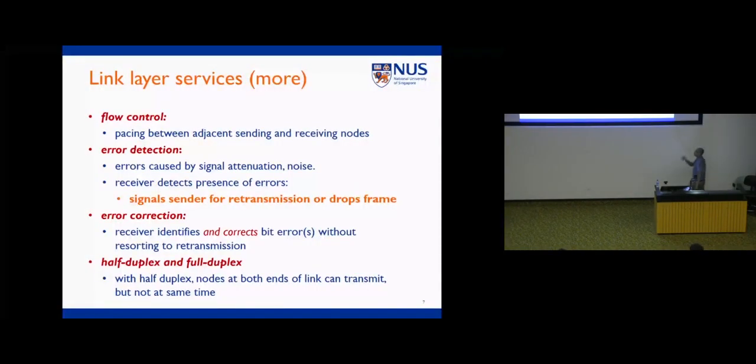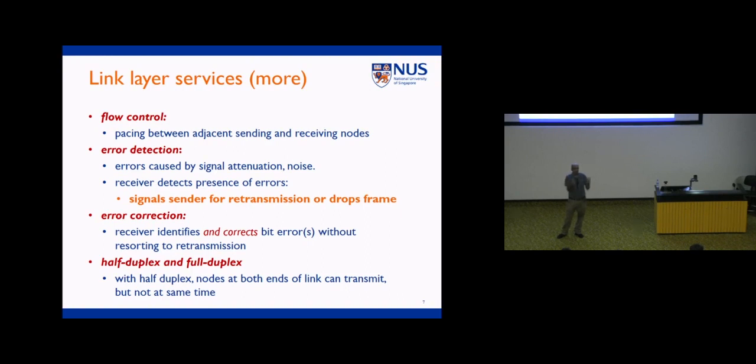All right, the other thing that we have already talked about that the link layer can provide is error detection. Errors are usually caused because of degradation in the channel. Two main things. One is when you transmit a signal, when it propagates, as a function of the distance, the magnitude or the power of the signal decreases.